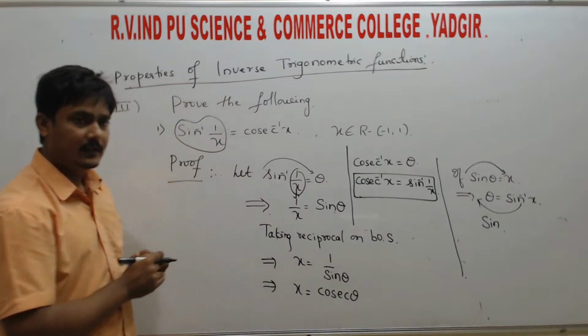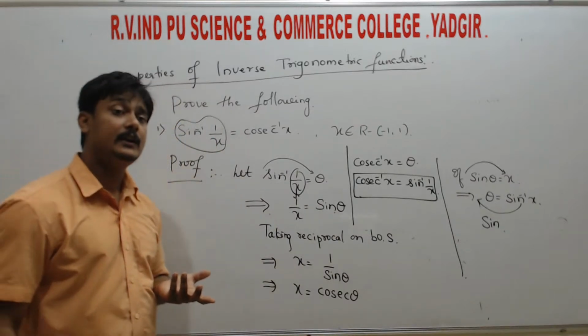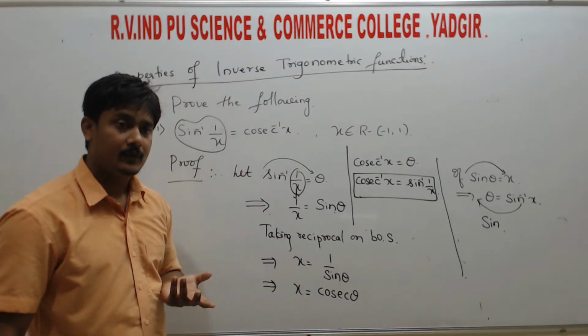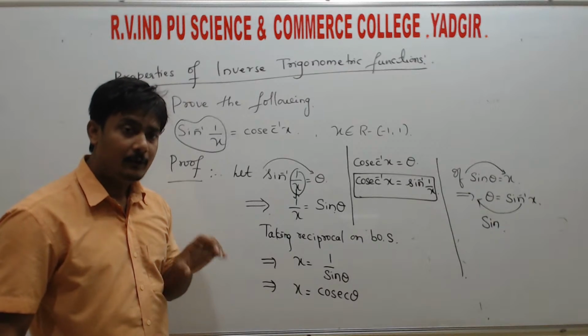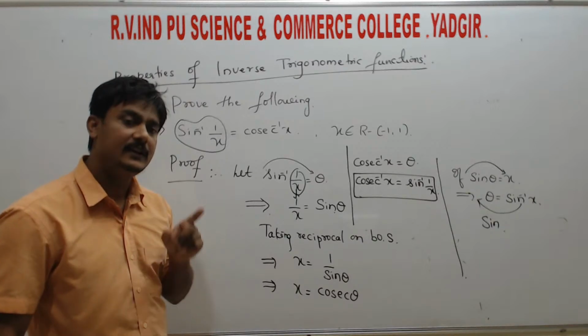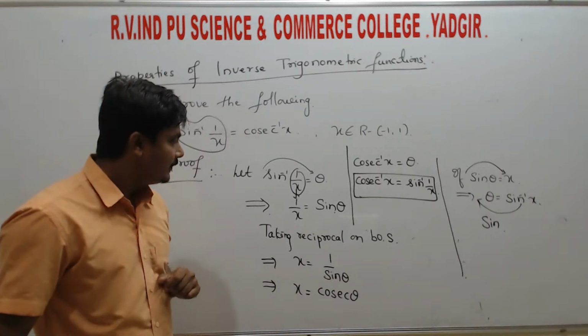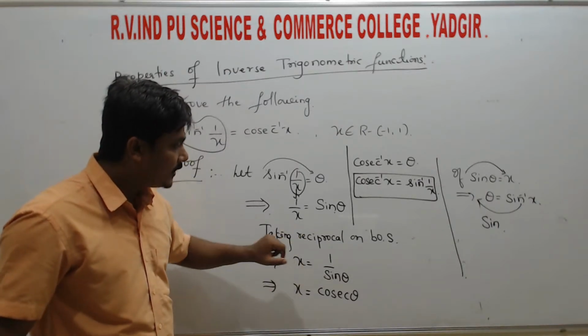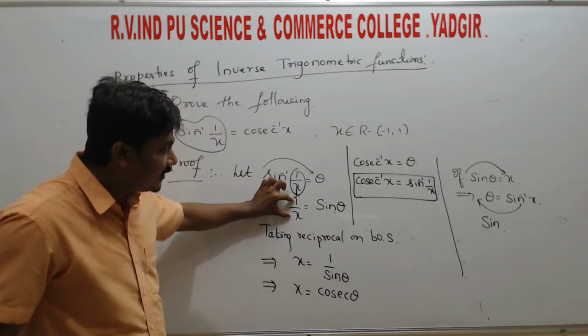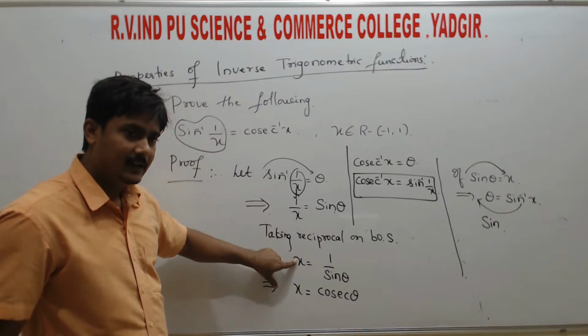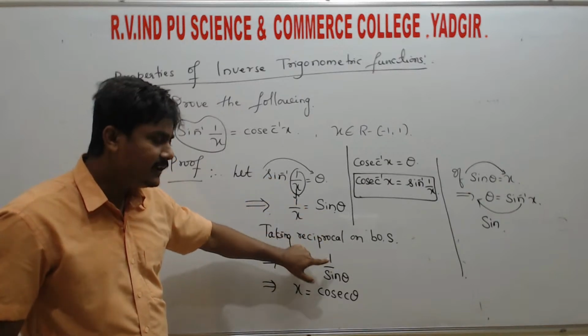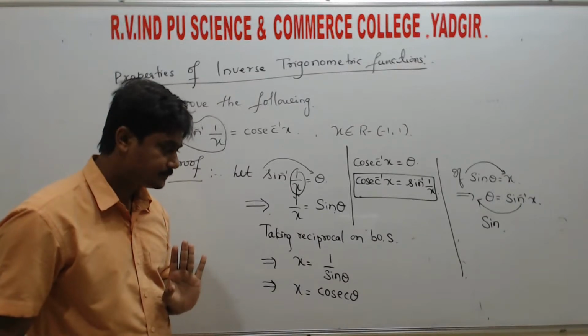Sine theta. In the answer, I want cosecant inverse x. Is that not so? So now I need to apply the step such that I will get cosecant. For that, we have taken reciprocal on both sides. What is the reciprocal of 1 by x? It is just x. What is the reciprocal of sin theta? 1 divided by sin theta.